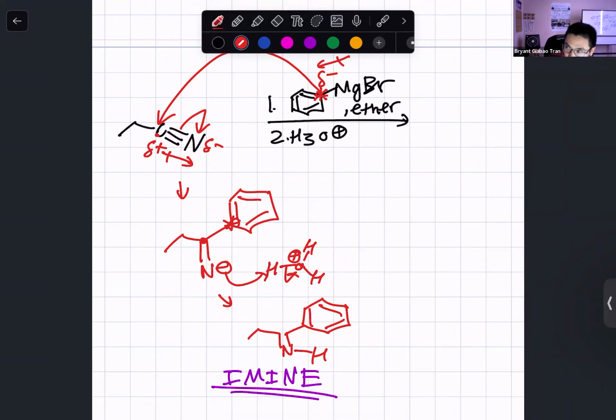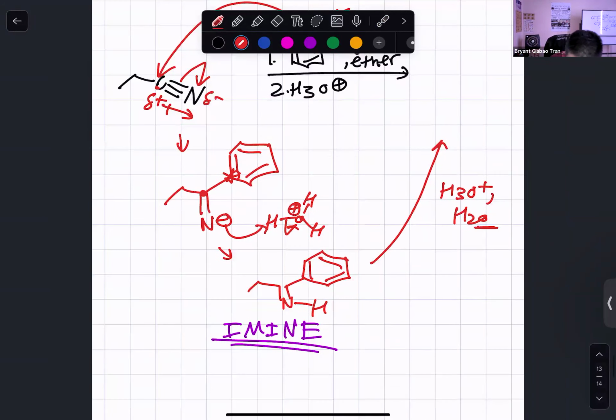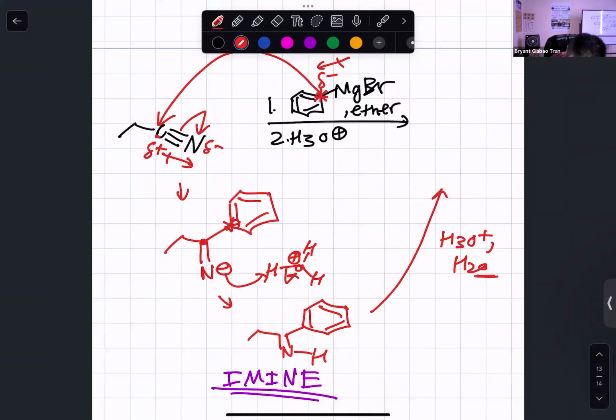I don't think you guys need to know about this mechanism, so I don't want to overwhelm you with too much information. But know that if we have an imine and we're still in acidic conditions, H3O+, water, especially if water is present, we're going to hydrolyze the imine into the carbonyl like this, right?